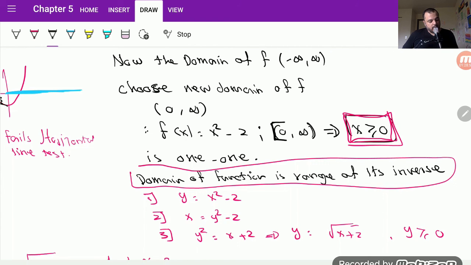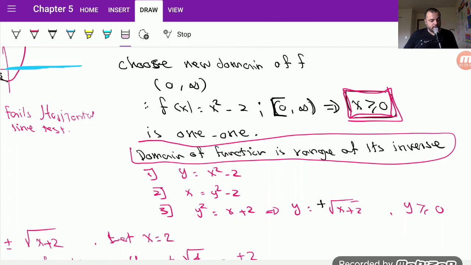Because here we have positive and negative, we cannot take both of them. We only take one of them. So I'm going to erase the negative because this gives you y greater than or equal to 0. Okay? So this is my inverse: y equals square root of x plus 2. Then last step, replace y with f inverse. And y is greater than or equal to 0.